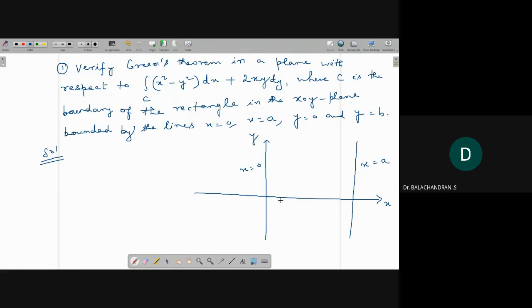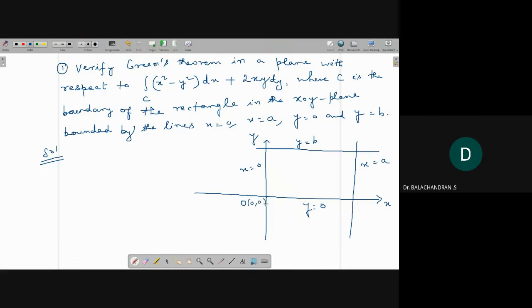This is y equal to 0, the x axis, and this is the line y equal to b. This is the origin O.